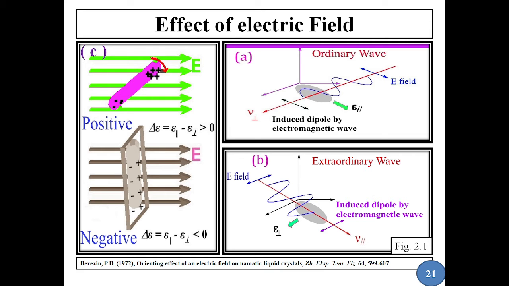This is another example: the positive end tends to one direction, the negative end tends to the other. If it is like this, then positive will go in one direction, negative in the other.